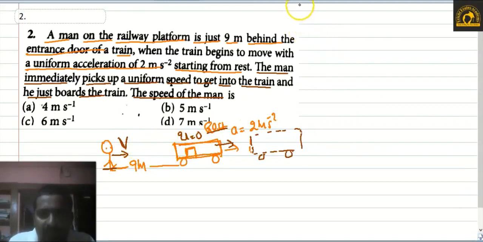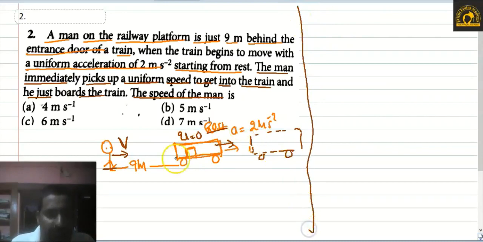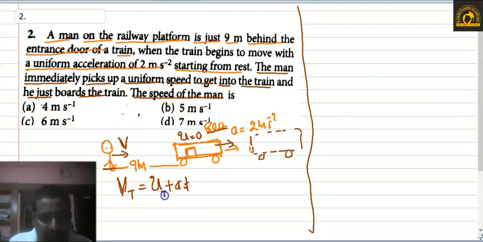Now let's see the solution for the problem. We have to go one step at a time. First, the final velocity of the train is v equal to u plus at. This is the formula: initial velocity of the train, acceleration of the train.